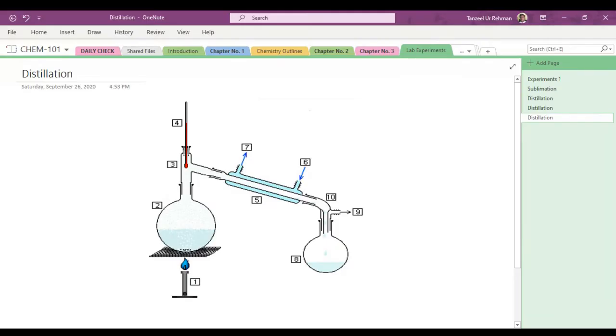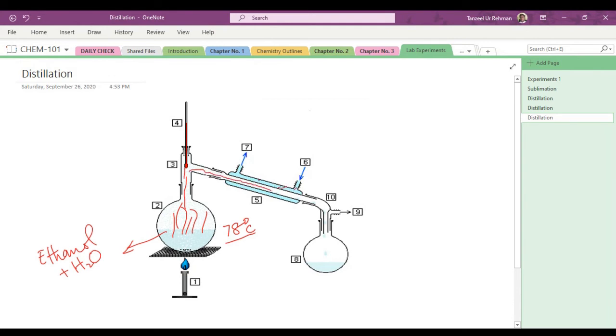Okay students, here we have the apparatus for simple distillation. In this flask we have an ethanol and water mixture. Now when we heat this mixture at 78 degrees centigrade, this ethanol starts boiling, because the boiling point of ethanol is 78 degrees Celsius. Now what happens? These vapors come here, they pass through this condenser.